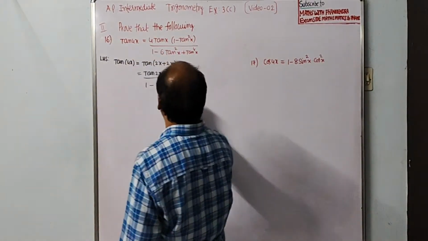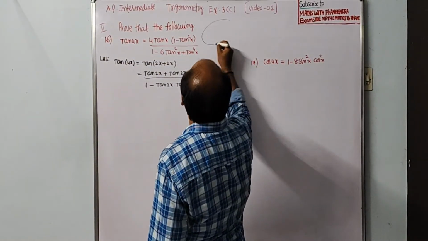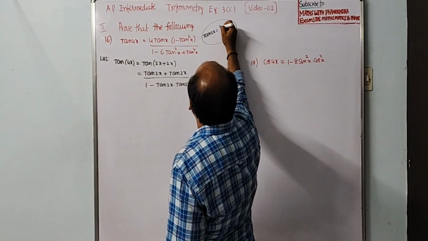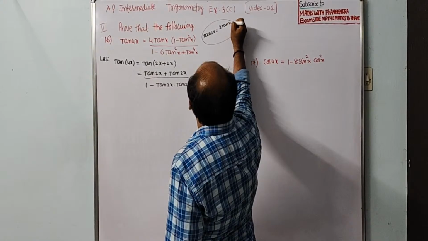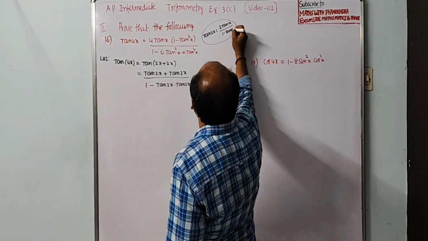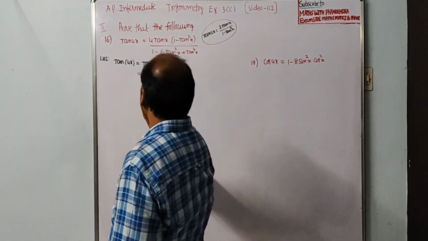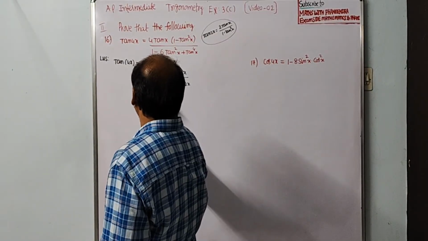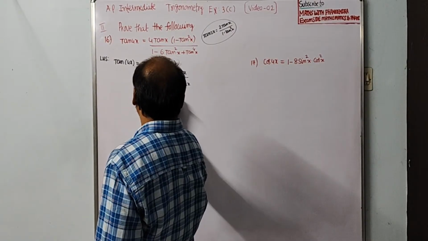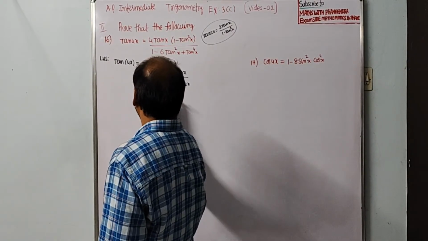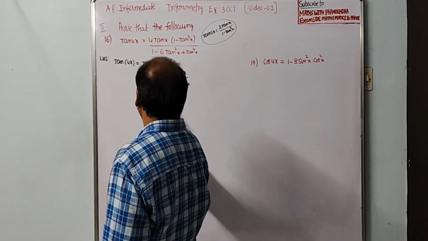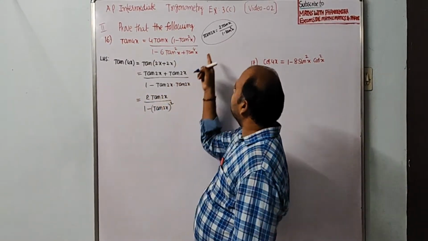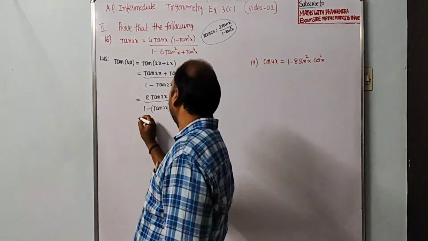Here a little twist is there, dear students. We know the formula for tan 2x in terms of tan x: 2 tan x divided by 1 minus tan square x. So tan 2x plus tan 2x, 2 tan 2x, divided by 1 minus tan 2x into tan 2x, tan square 2x.